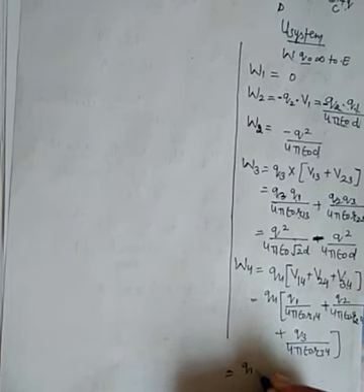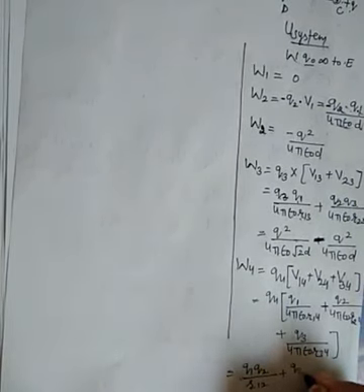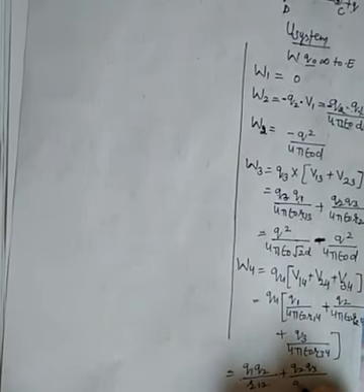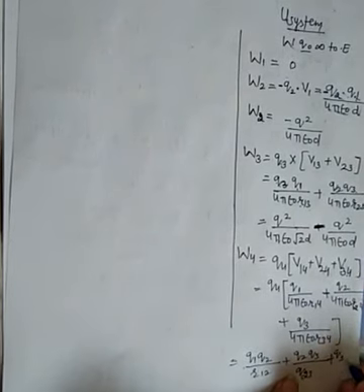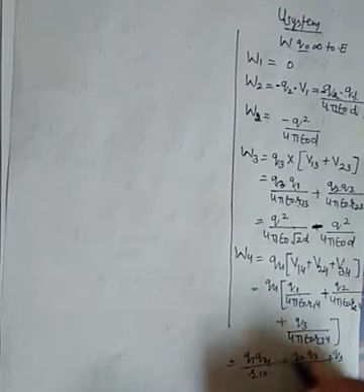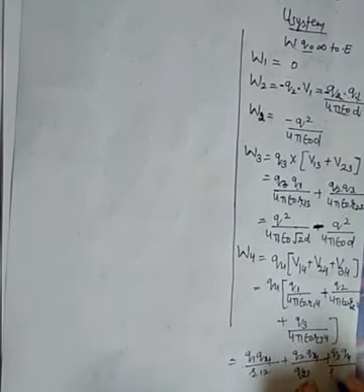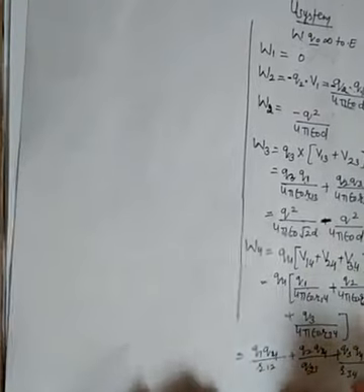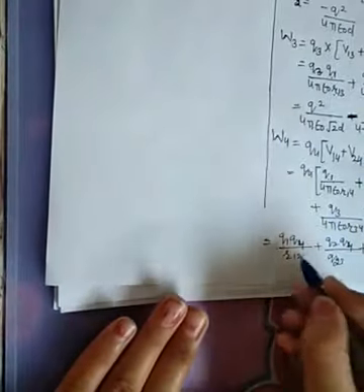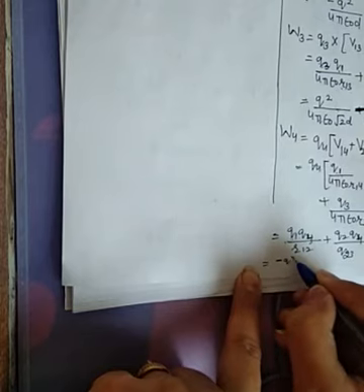It will be Q1 Q2 upon R12, Q2 Q3 upon R23, and Q1 Q4, Q2 Q4, Q3 Q4 upon R34. Now, to evaluate, what are Q1 and Q4? Q1 is positive and Q4 is negative, so it will be minus Q square.